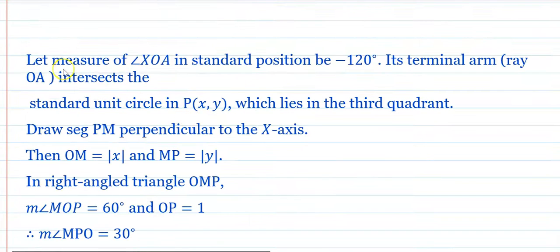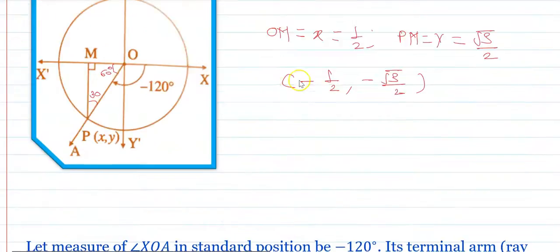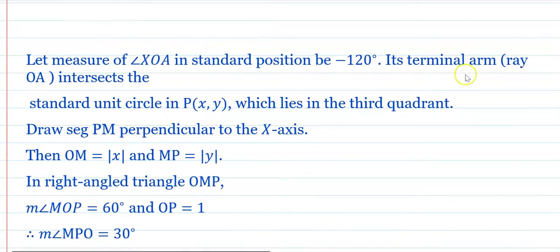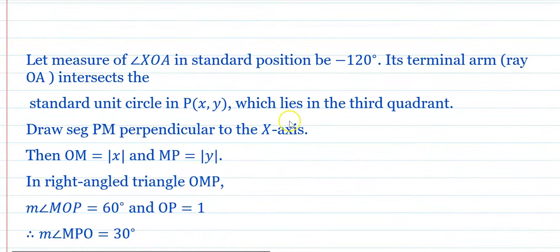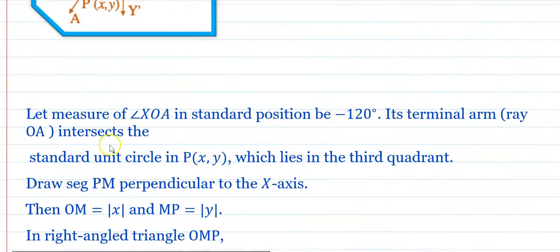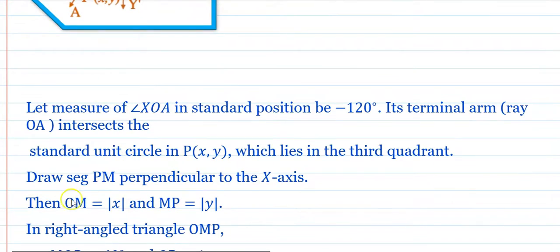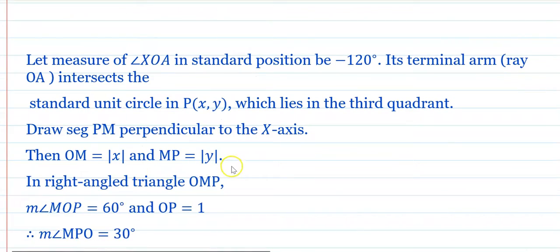Let the measure of angle XOA in the standard position be minus 120. Its terminal arm intersects the standard unit circle in P(x, y), which lies in the third quadrant. Draw PM perpendicular to the x-axis. OM is equal to mod of x and PM is equal to mod of y.